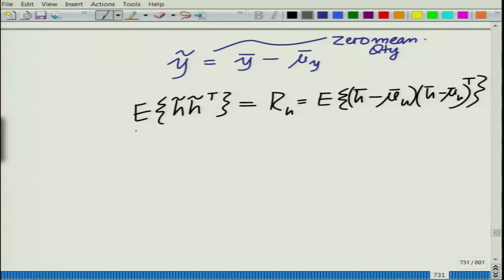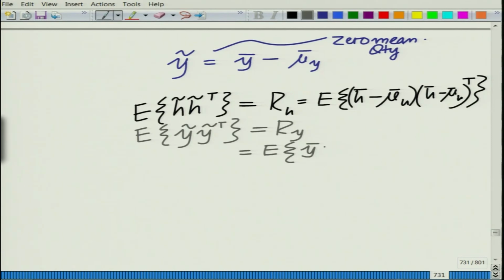Similarly, the covariance of y bar and y tilde, that is expected value of y tilde y tilde transpose, equals R_y, equals expected value of (y bar minus mu bar y) into (y bar minus mu bar y) transpose.